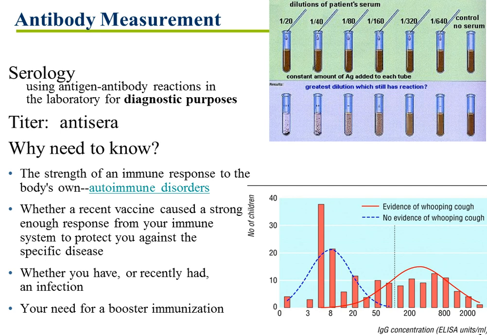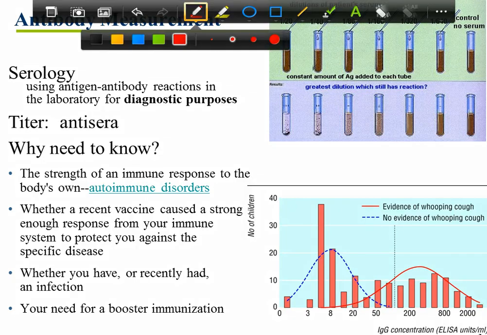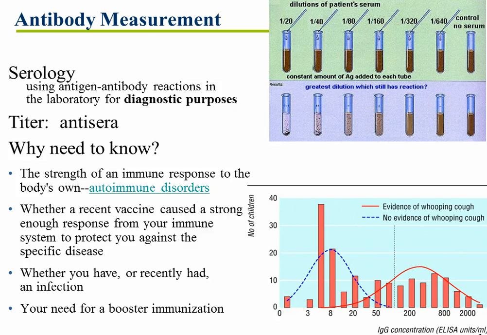And the more you can dilute out the patient's serum and still get a reaction with the antigen, and you can do different kinds of antigen-antibody tests using different kinds of antigen, the more you can dilute out the patient's antibody and still get a reaction, the higher the titer is. And as you can see, titer is given as a fraction, 1 over 20, 1 over 640.